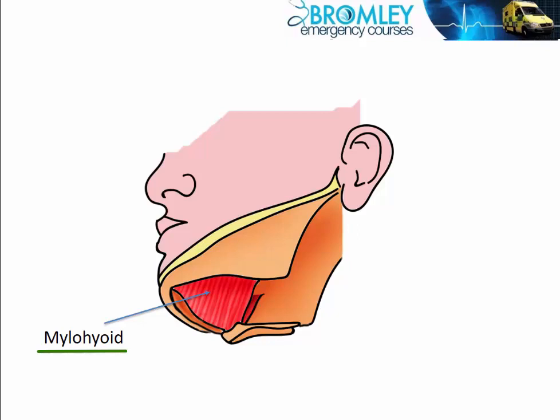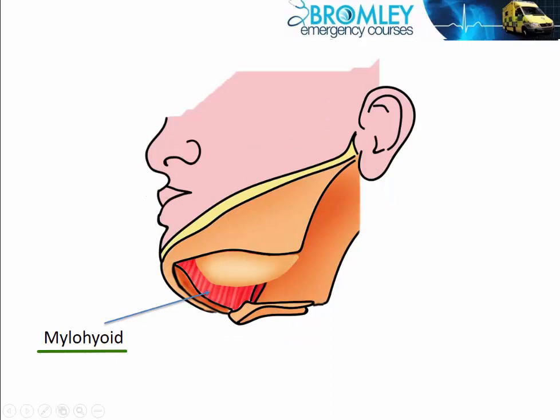And so here's an abscess sitting just inside the mandible and just outside the mylohyoid in this submandibular space. And if that infection also tracks inside the mylohyoid, then we've got a Ludwig's angina situation with the floor of the mouth being pushed downwards and the tongue being pushed upwards.